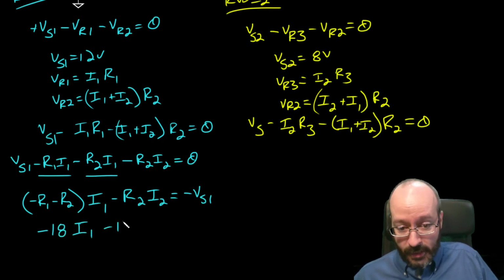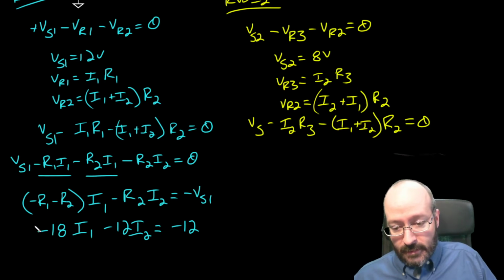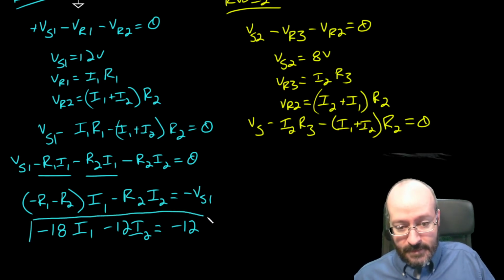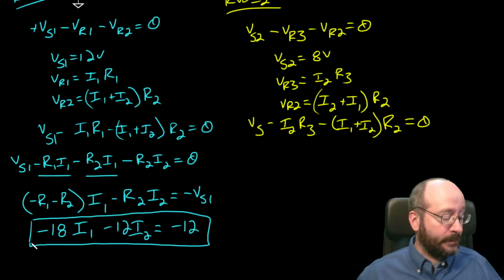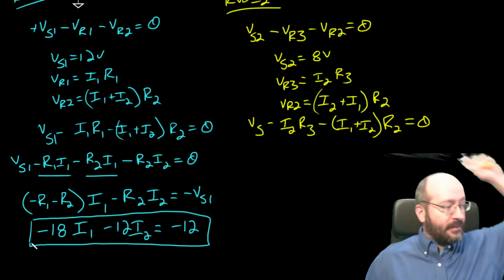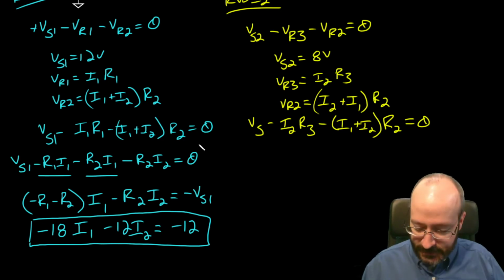And negative 12 I2, and that's all equal to negative 12 volts. And there's my first equation for my system of equations. We got some artifacts up here from the green screen. Sorry about that.